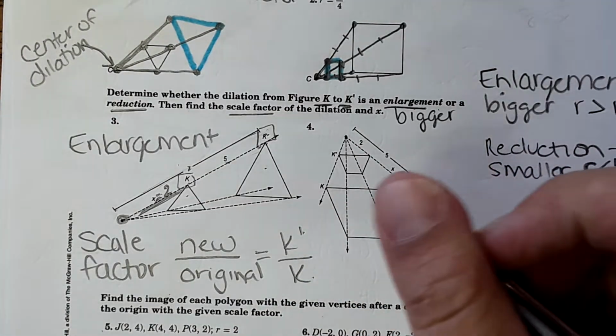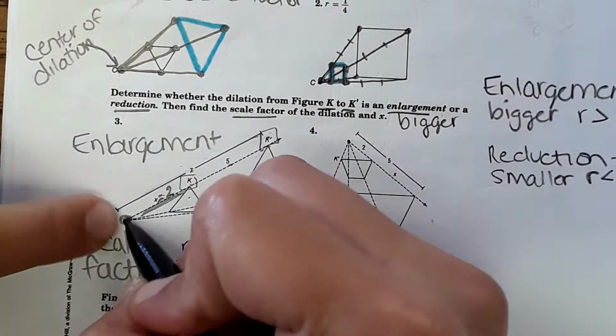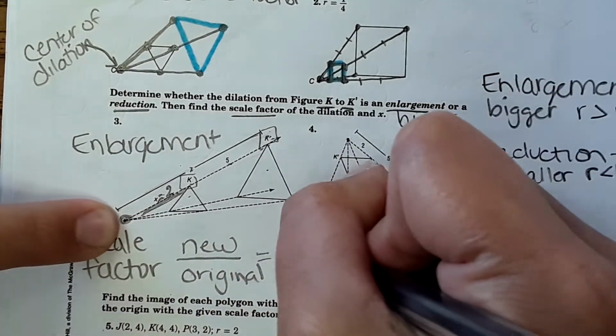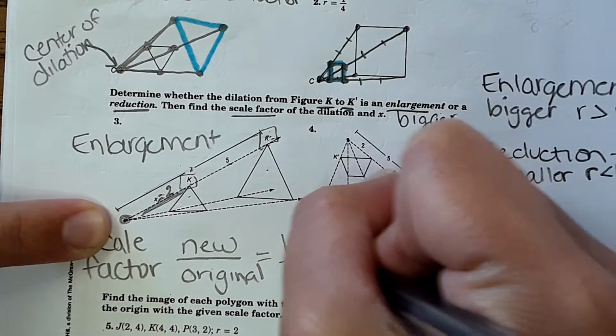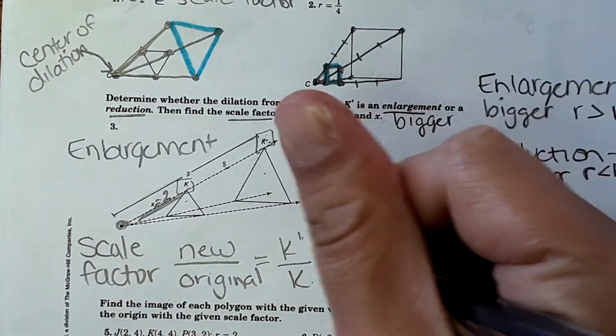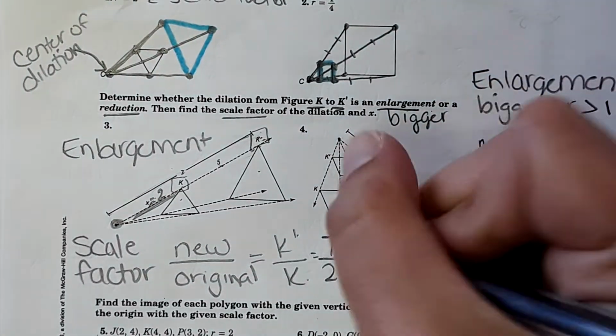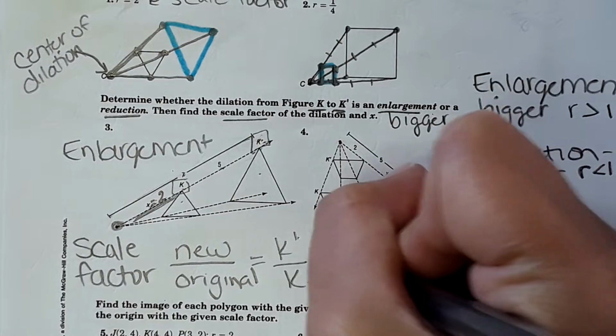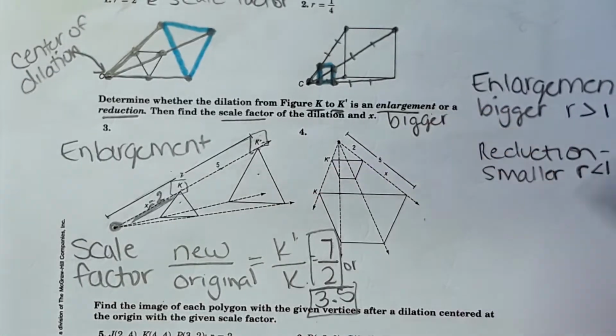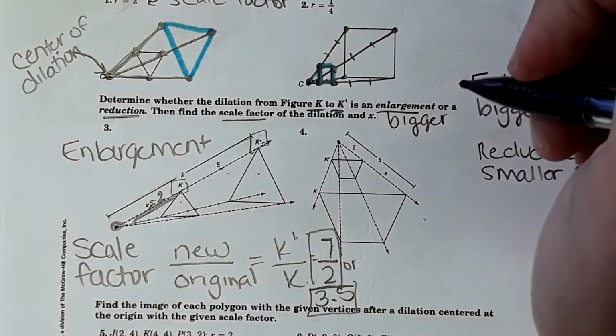And so for this, the distance from the center to K prime is 7. And the original was 2. So therefore your scale factor is 7/2 or 3.5, however you want to think of it. So that is our answer for 3.